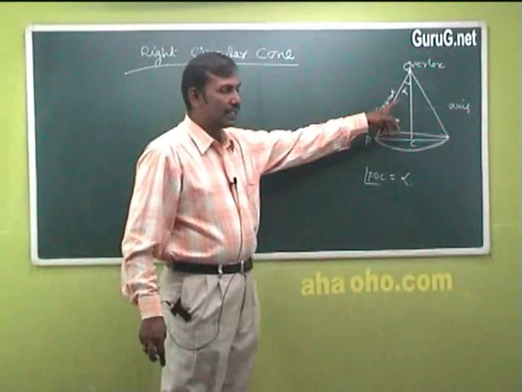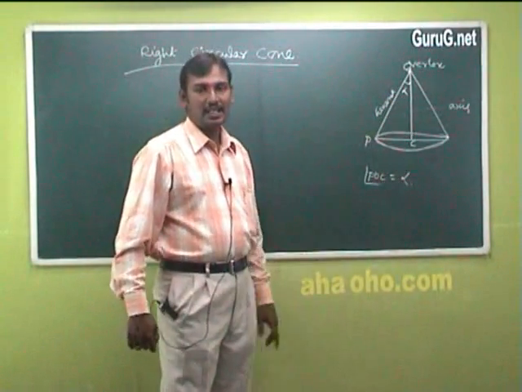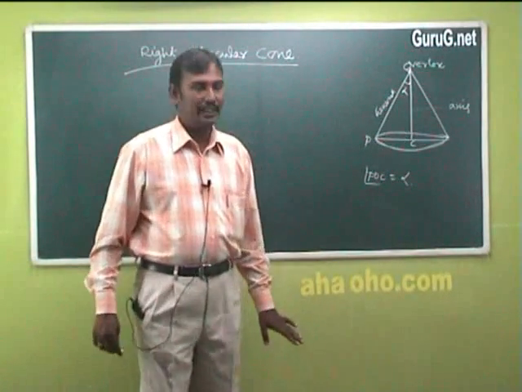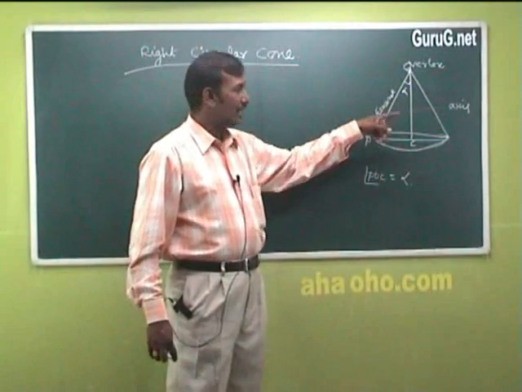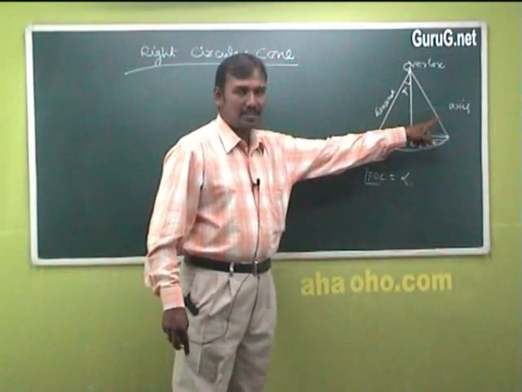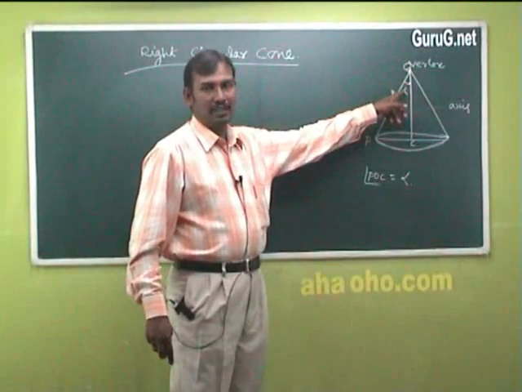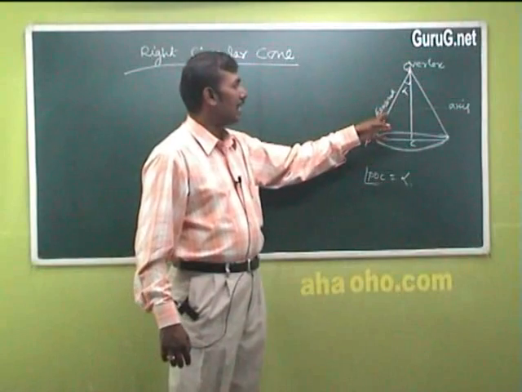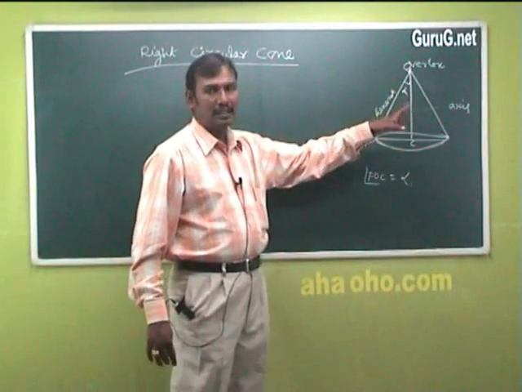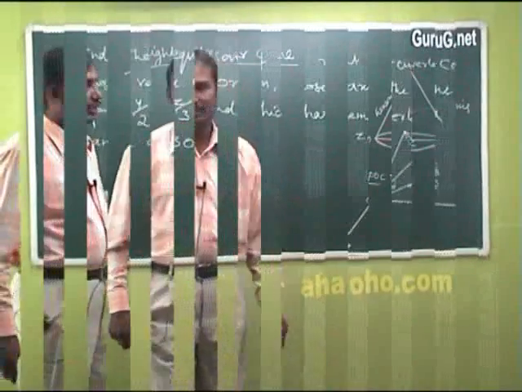That is a semi-vertical angle. So that cone is called what? Right circular cone, right? The fixed point is called the vertex. The straight line is the generator. The fixed line is called the axis, and this is the semi-vertical angle alpha, right? Whenever the equation of the line and this alpha is known, we can easily find out the equation of the right circular cone, right?